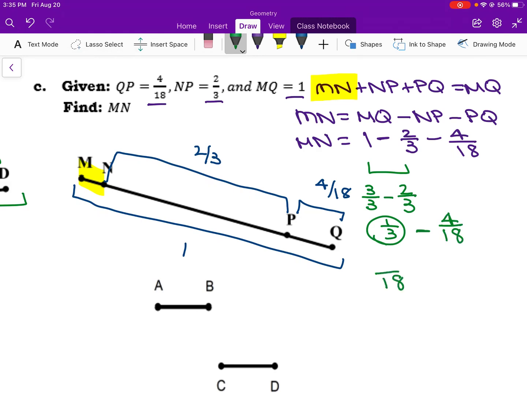So if I adjust 1/3 to be a fraction over 18, to go from 3 to 18, that's times 6. So 1 times 6 would give me 6. So I have 6 over 18 minus 4 over 18, which is 2 over 18, simplifying to 1/9. So all of that to say that MN over here is 1 over 9. And there we have it.